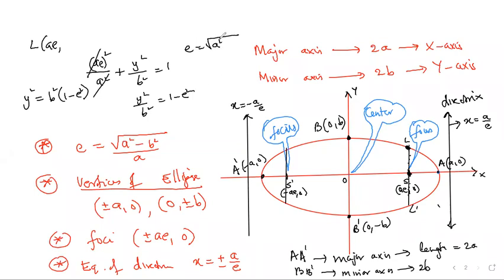Root of A square minus B square upon A. So you can write 1 minus E square as B square into 1 minus A square minus B square upon A square. When you take the LCM, this A square will go away. You will get B square, B raised to 4 upon A square.